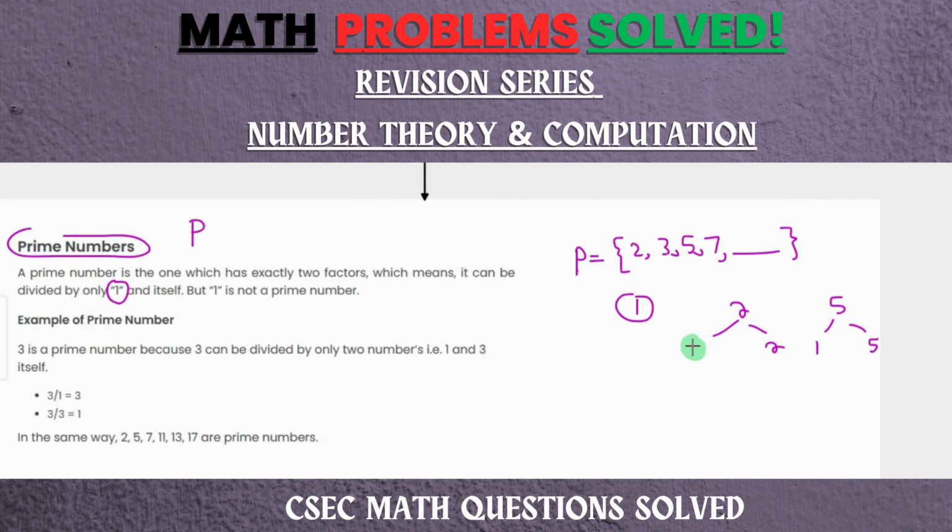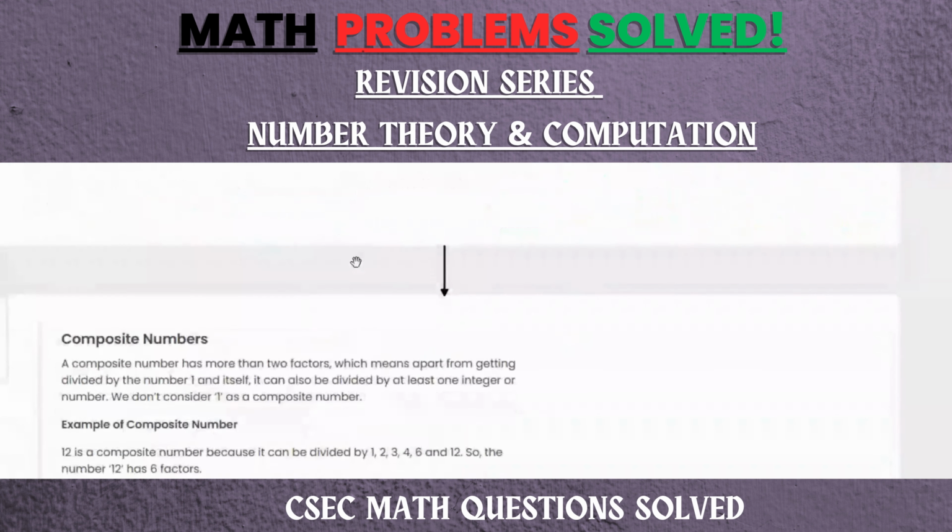One of the factors is always 1, and the second factor is the number itself, right? Similarly, 9 has three factors, 1, 3, and 9, so 9 is not a prime number. In the same way, 2, 5, 7, 11, 13, and 17 are prime numbers.